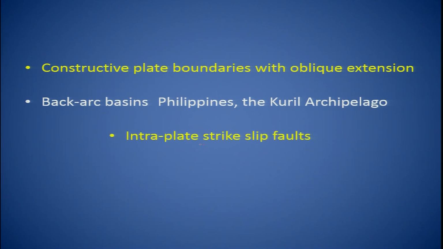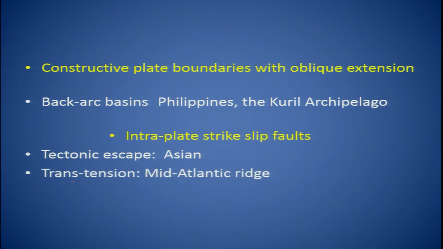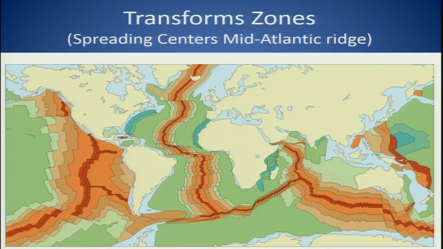Then there are intraplate strike slip regions, mainly in Asia, on the northern side of the Indian plate, or you can say in the Eurasian plate, where we have the tectonic escape. Okay. And transtensional motion in the mid-Atlantic ridge area. So these are a few examples where you will come across strike slip motion of major and minor faults.